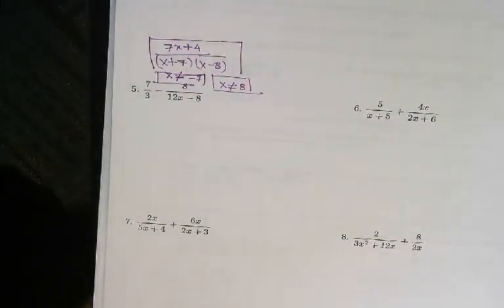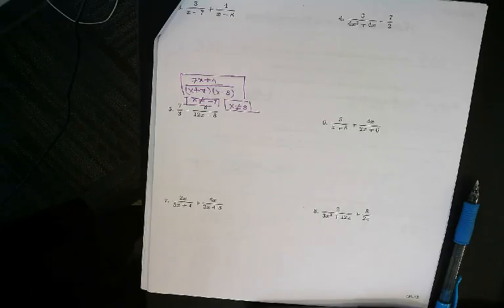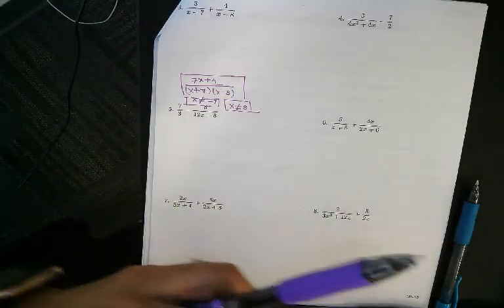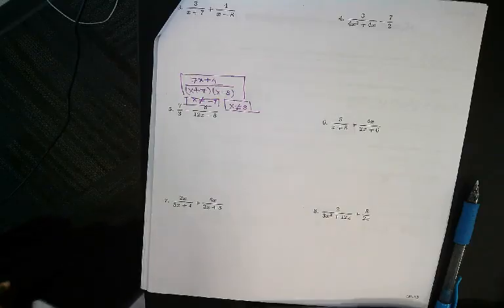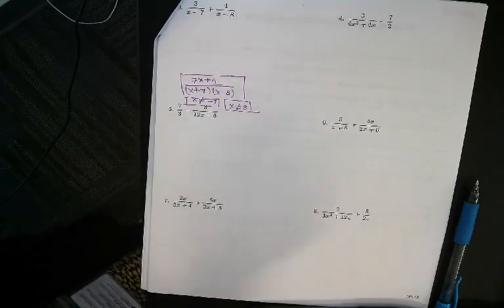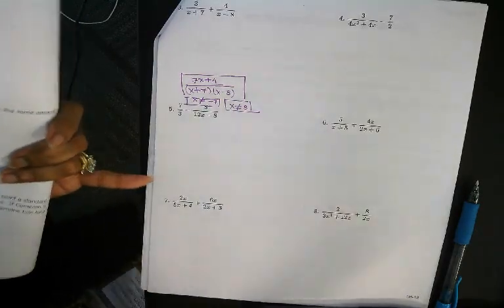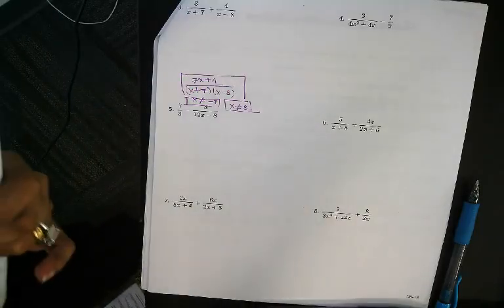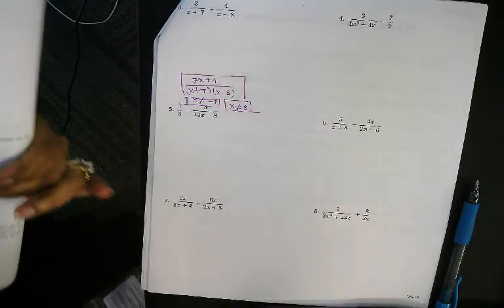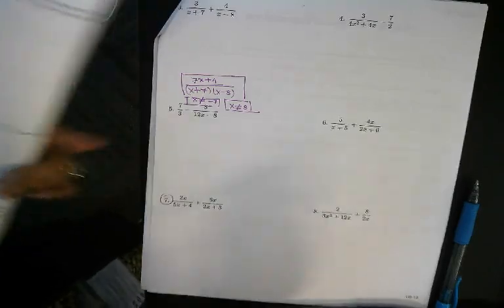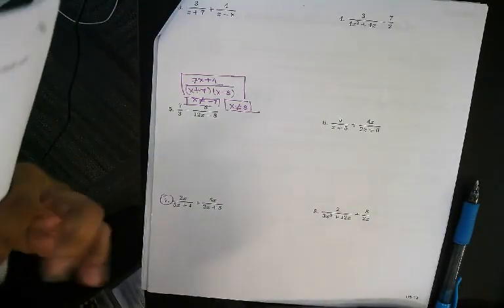So make sure you show all the restrictions properly. Even today during the exit ticket, you are supposed to show all the restrictions. Without the restrictions, you are going to lose points. Go ahead, work on number 7, and make sure you are checking your work with mine before we can move forward. Any questions on anything? All right.